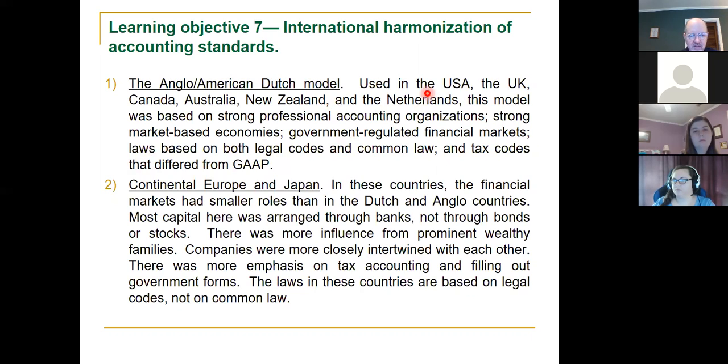I would point out that in the Netherlands, for several hundred years, the Netherlands and the United Kingdom have had a lot of trade between each other, and there are a lot of companies that are binational, owned by shareholders, some in the UK, some in the Netherlands.